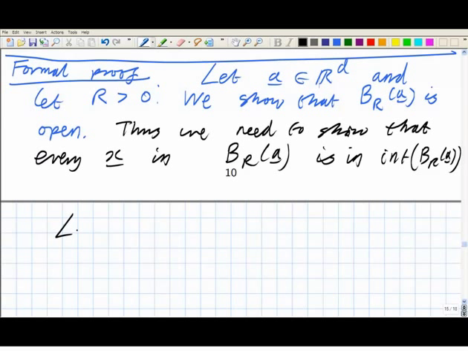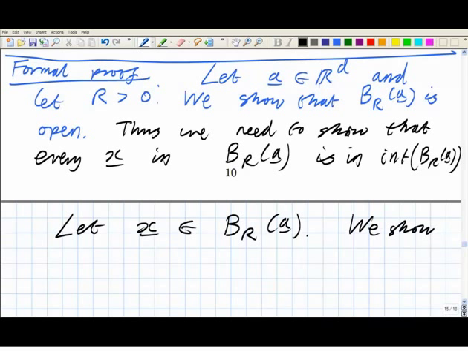Well, this is the same again. You let x be in that set, because if we can prove it under those circumstances, then we'll be done. All I have to do now is prove that this x is in the interior of the open ball.